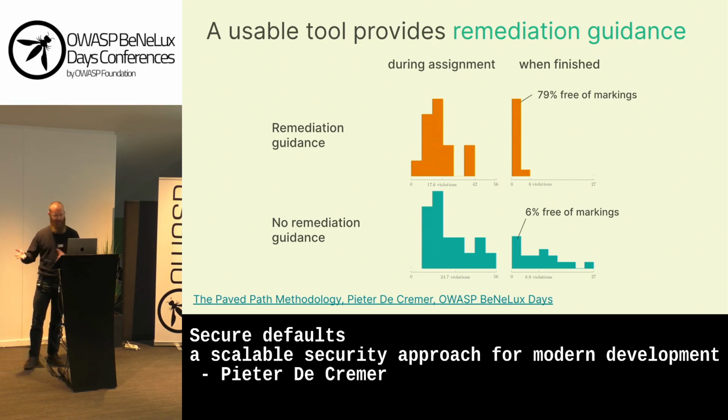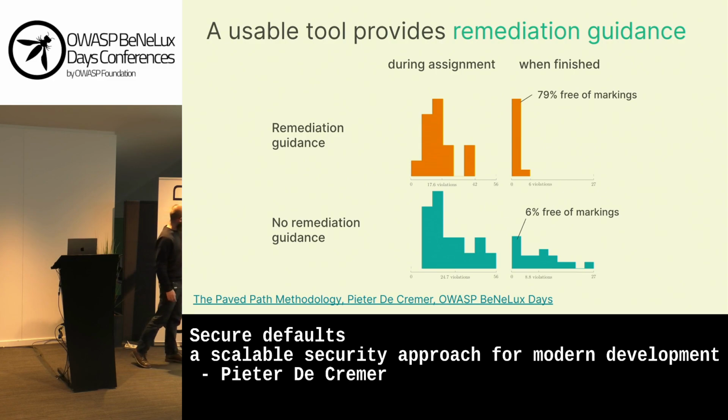And this is what I did. Again, a programming assignment. I gave a bunch of developers all the same assignment to complete a web application. All of them received the same feedback from the tool, but some of them received automated fixes. On the left-hand side, you can see that the amount of markings, the amount of violations introduced during the assignment, for both groups was about the same. The statistical test showed that there was no significant difference, so both groups have the same skill level.